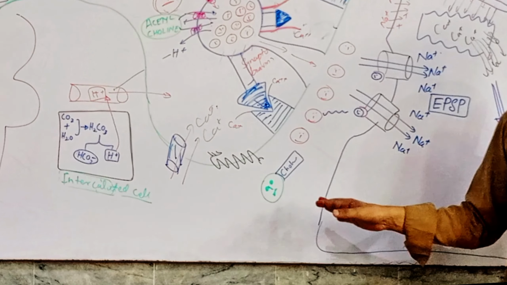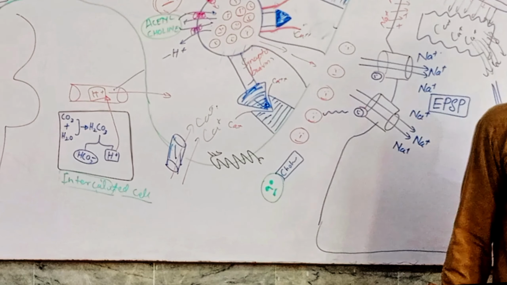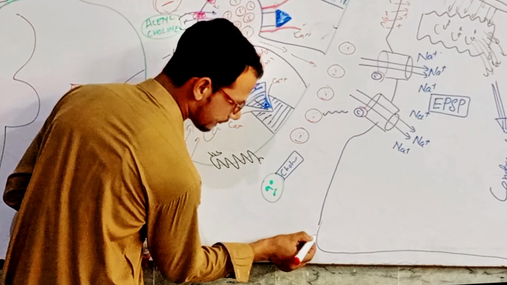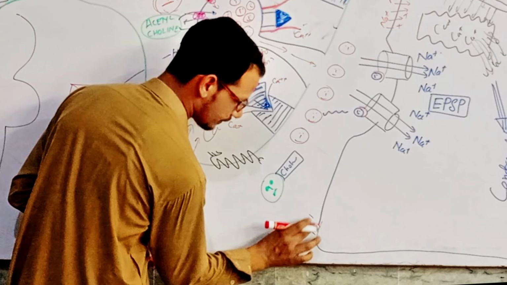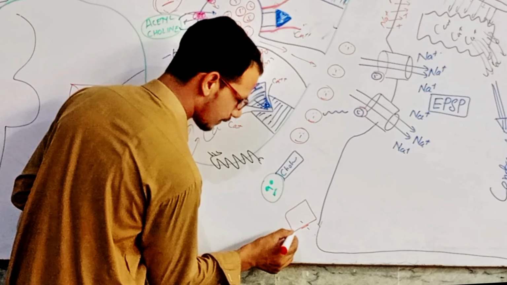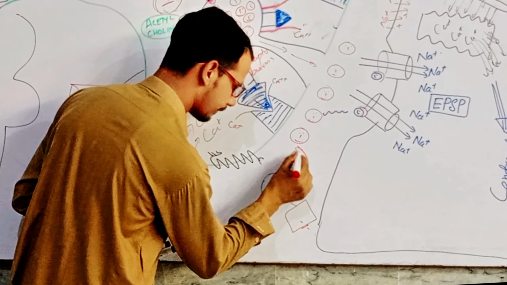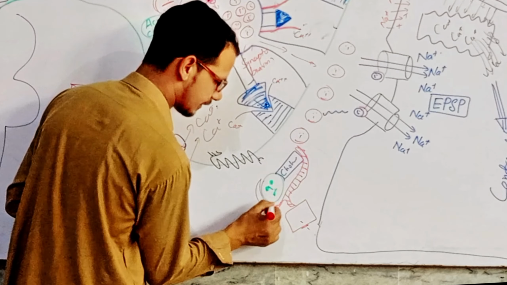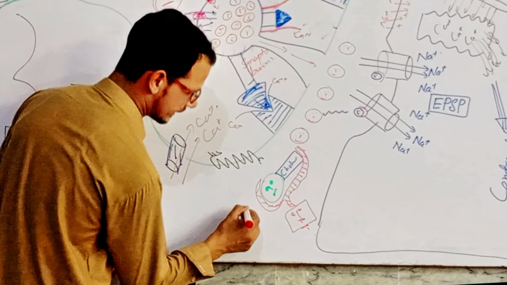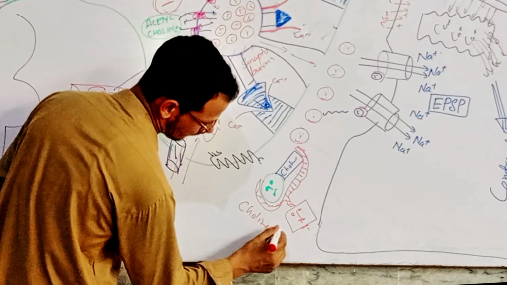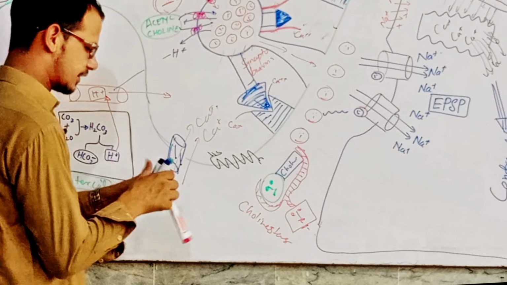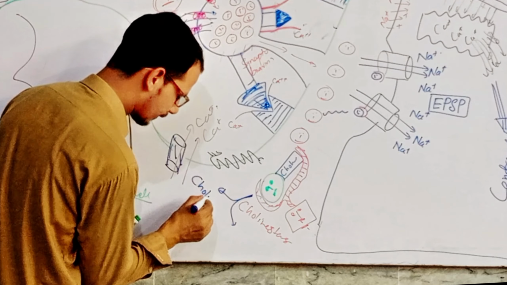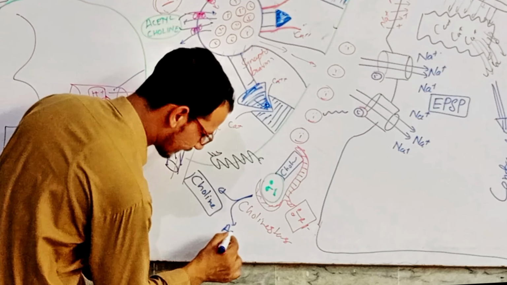And we have here a very special enzyme called cholinesterase. Cholinesterase enzyme. For example, this is the cholinesterase enzyme, and this cholinesterase enzyme separates these two into choline and acetyl.